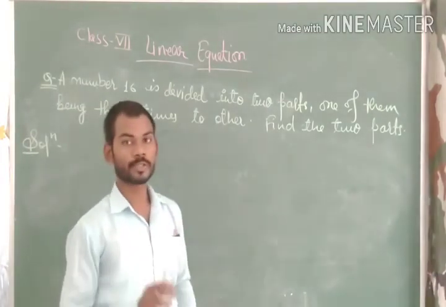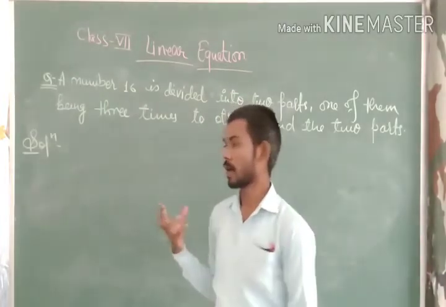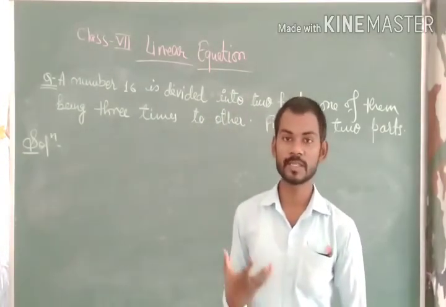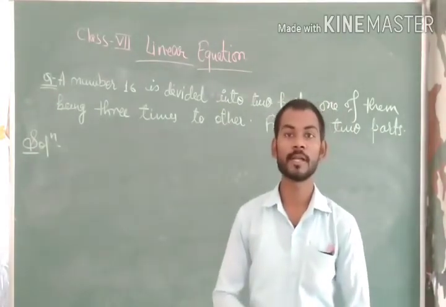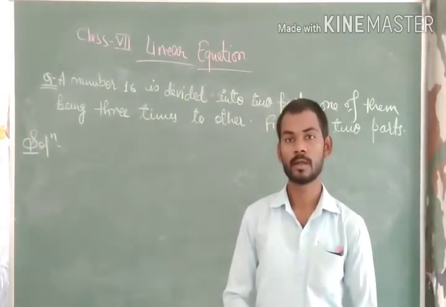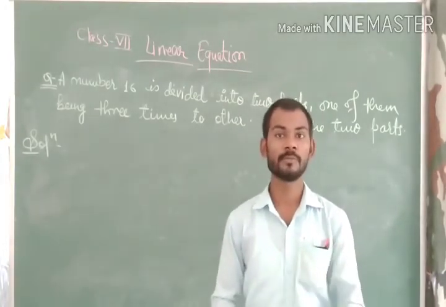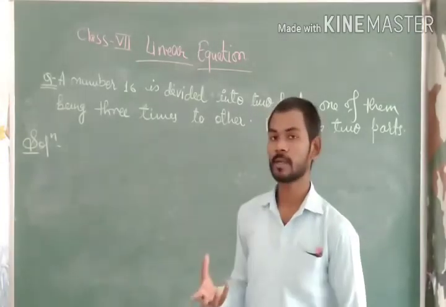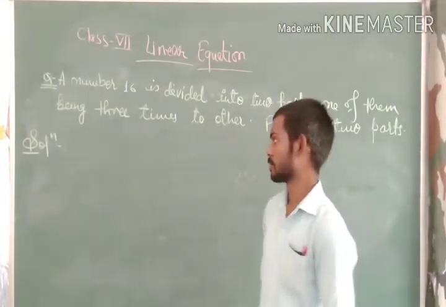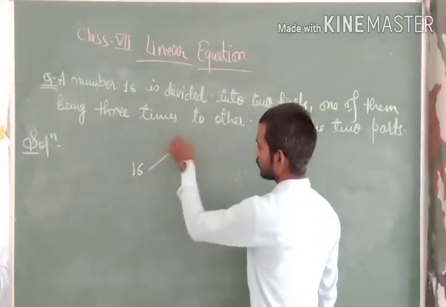Here the question means that a number 16 is given and 16 is divided into two parts. One part is 3 times the other part. So we have to find the two parts. The 16 is given and it is divided into two parts.